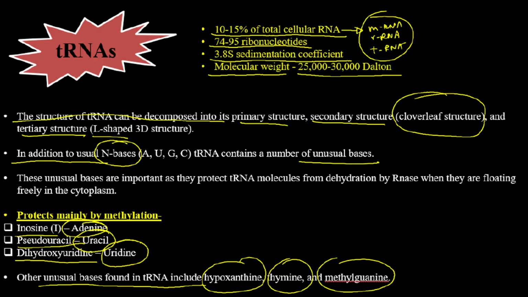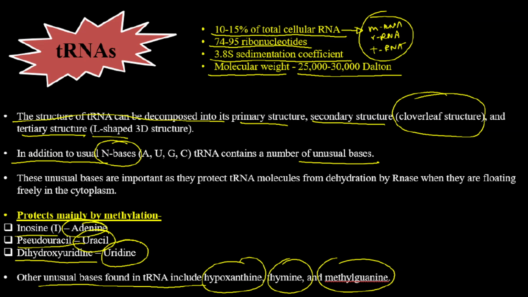In addition to the usual nitrogenous bases, tRNA contains a number of unusual bases also. These unusual bases are important as they protect tRNA molecules from degradation by RNases when they are floating freely in the cytoplasm. So basically these are for protection.